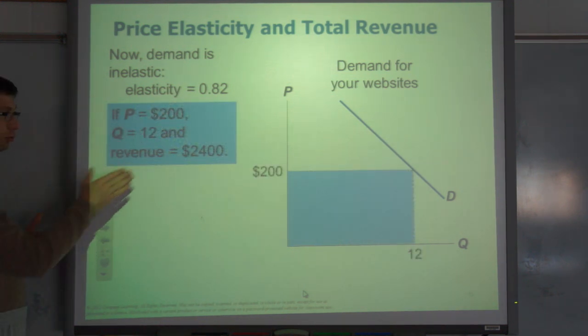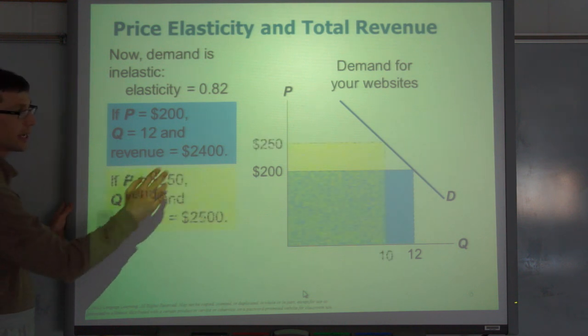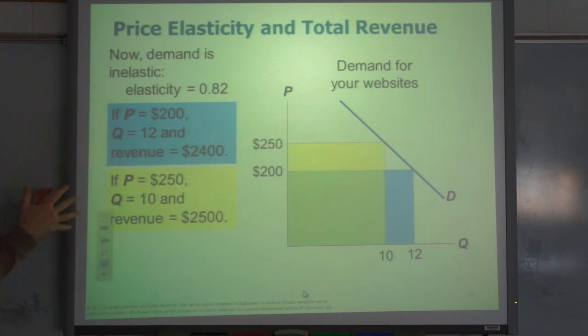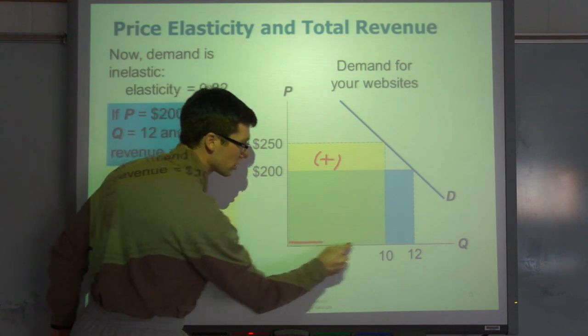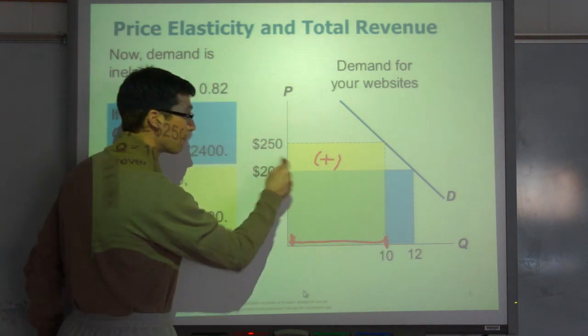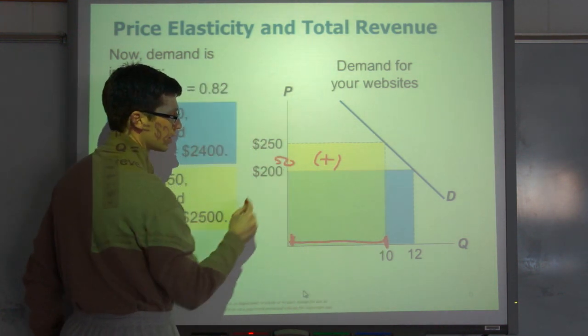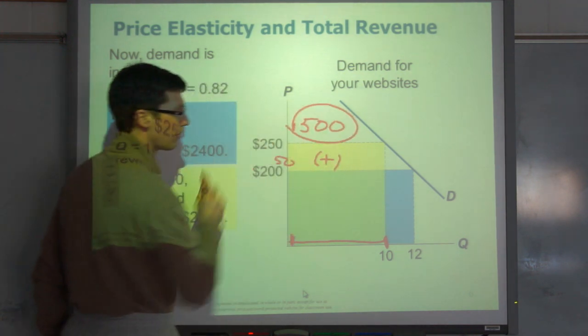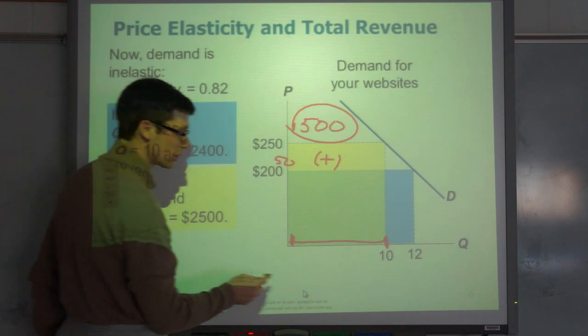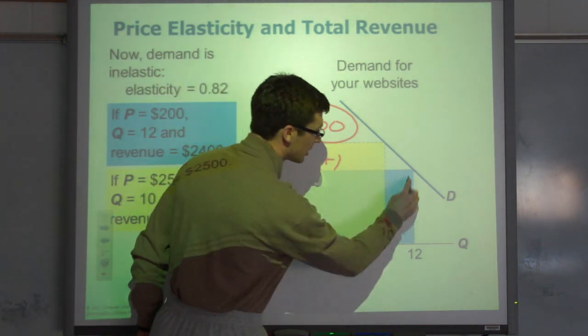We have our data, revenue is 2,400. Now we increase price and it's inelastic. We find we're selling each unit for $250 as opposed to $200. This is all gained up here. So we're still selling 10 units, and for each unit, we're getting $50 extra. 10 times 50 gives us a positive 500. Remember, there is some loss, so we come over here and we see that.